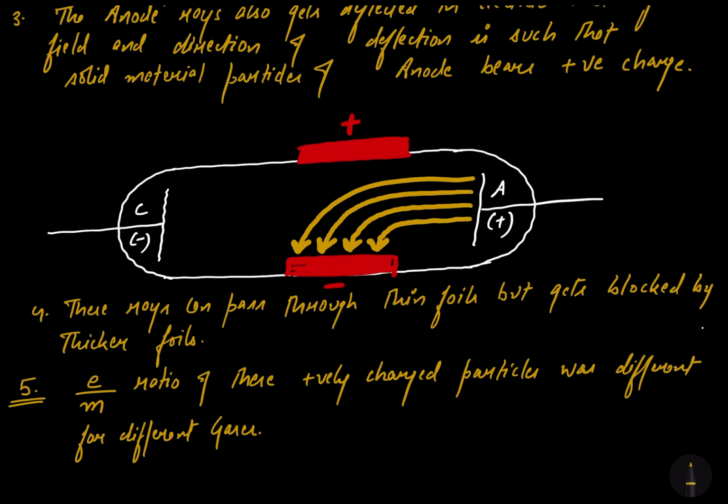In case of cathode rays, the charge to mass ratio was constant for different gases. But in case of positively charged particles, the charge to mass ratio was different for different gases.